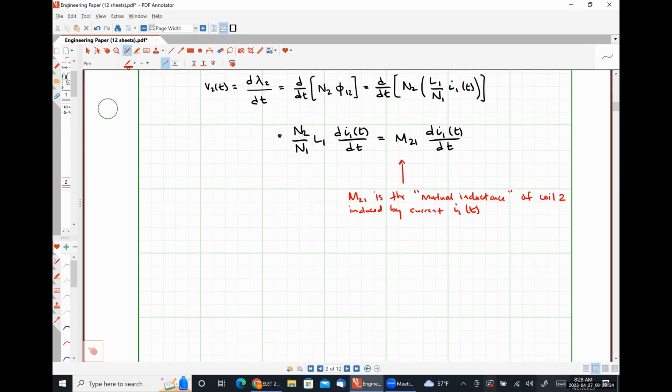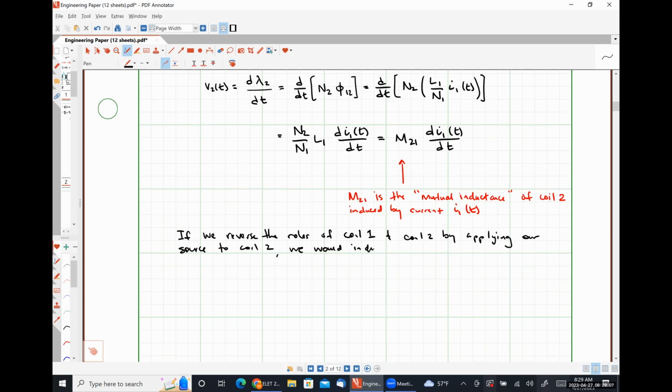So if we reverse the roles of coil 1 and coil 2 by applying our source to coil 2, we would induce the following voltages.